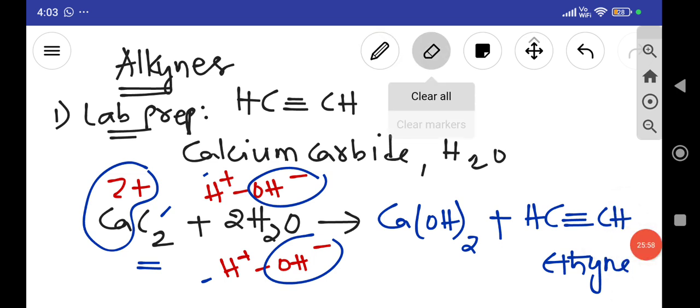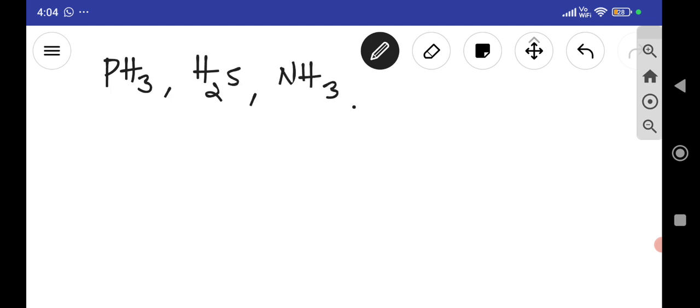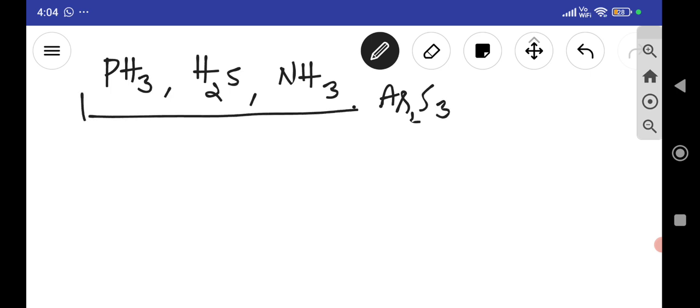One more important thing is, in this particular laboratory preparation, you are getting impurities like phosphine PH3, H2S hydrogen sulfide, NH3 ammonia and arsine AsH3. So these are formed along with ethyne. What is the reason? Because calcium carbide will also combine with sulfur and other impurities, and you will get these products, right?